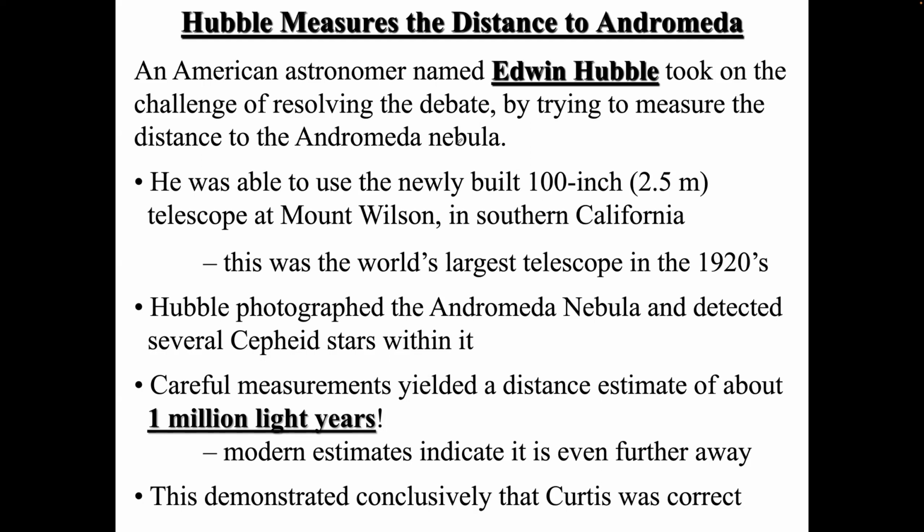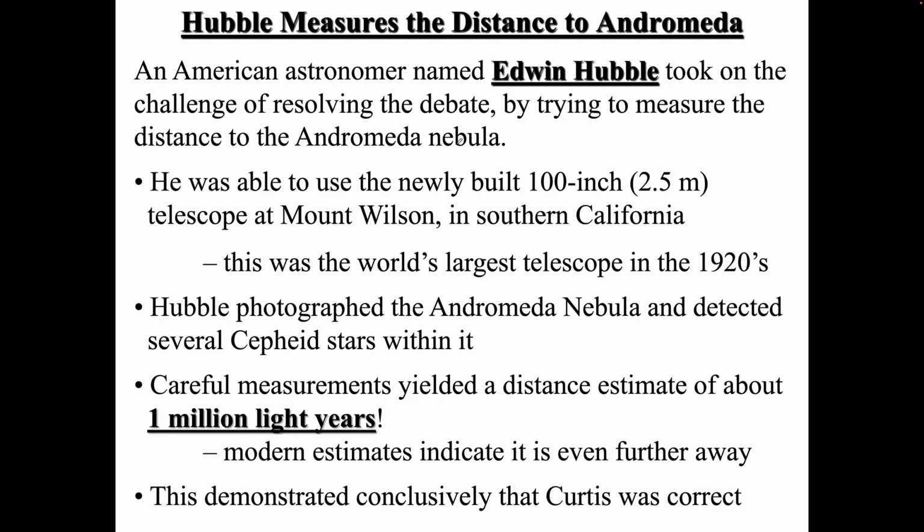So what Edwin Hubble did was he used his newly built 100-inch telescope. Now you can see that we talked about the telescope as well. When it comes to this time, like the 1920s, the technology of telescopes had developed. So they were able to make one of these large telescopes, a 2.5-meter telescope, which is still at Mount Wilson in Southern California. This was actually the world's largest telescope at that time. Not anymore now, but it was the largest one in 1920.